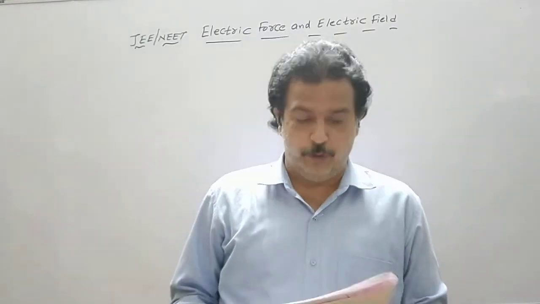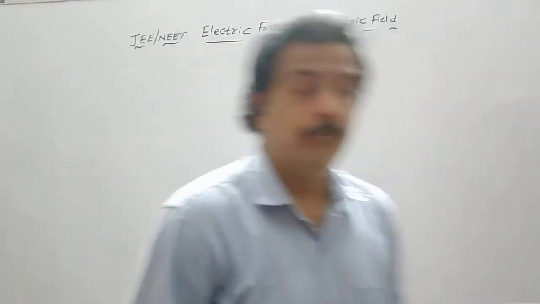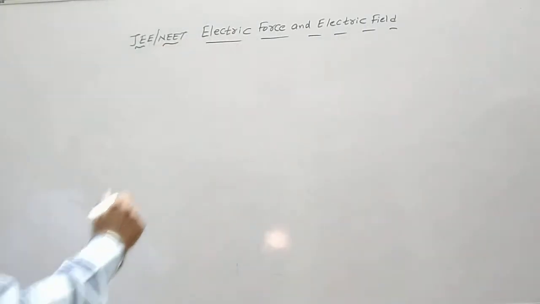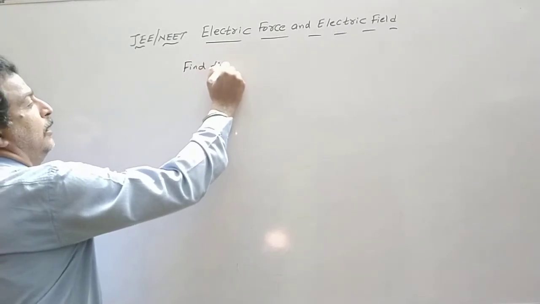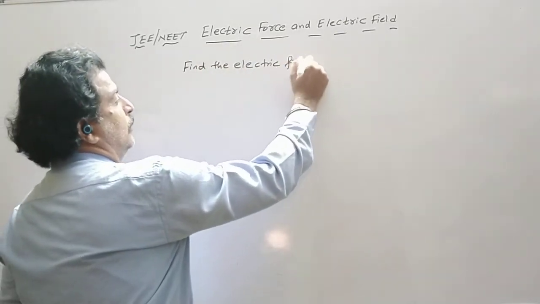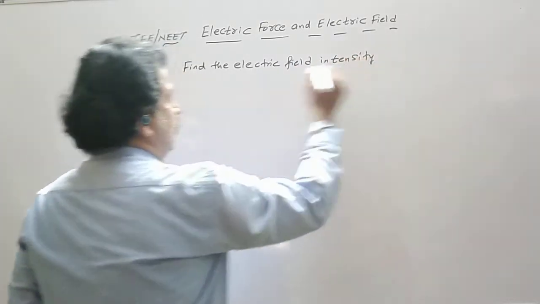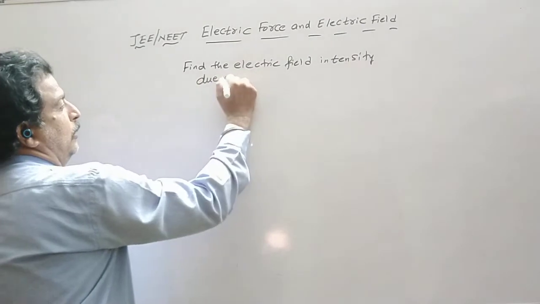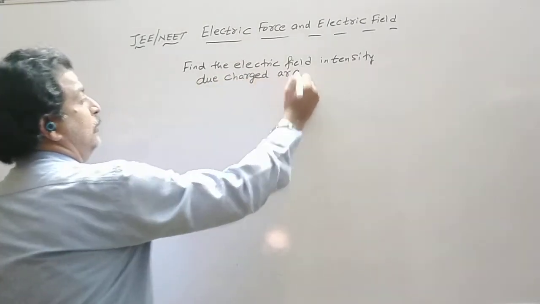Now before we do question number 16, let us do a theory. The theory is to find the electric field intensity due to a charged arc.